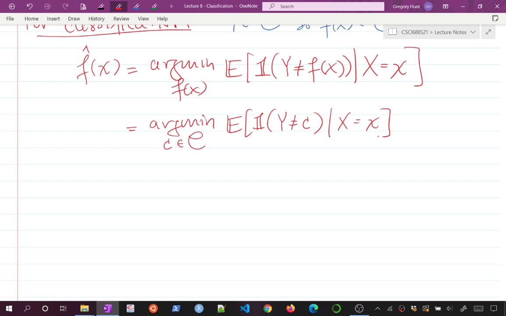And our aside here, which we said last time, is that I have the expectation of an indicator.